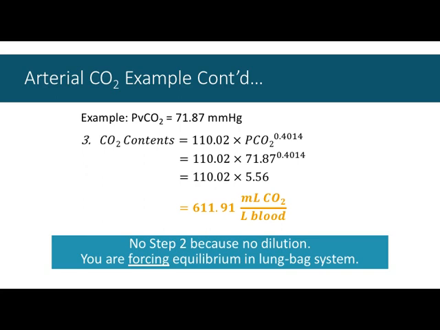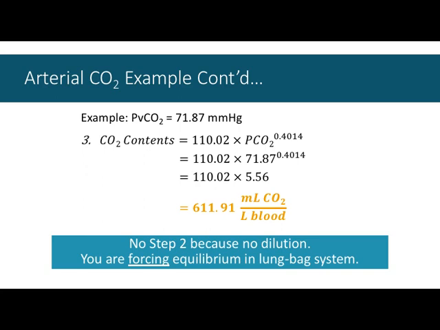Here we don't have to do that, because there's no dilution, or at least we are removing the dilution from the lungs. As we approach equilibrium, as CO2 accumulates in that system, we are removing the dilution effect of environmental air. There is no more air to dilute CO2. You're forcing equilibrium. You're accumulating CO2 in that closed system. There's no environmental air to obscure the value.